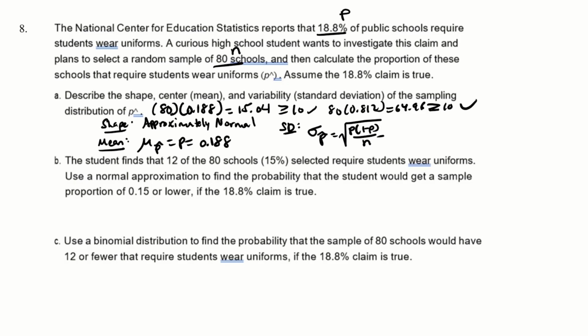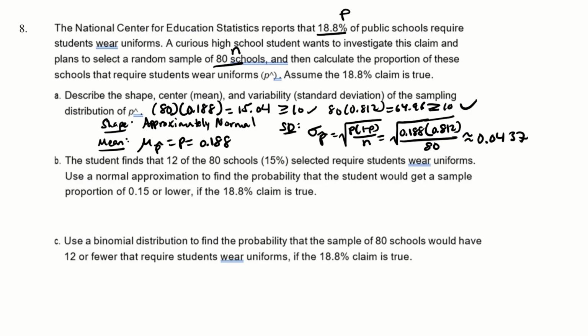So it's going to be 0.188 times 1 minus that, 0.812, over 80. Upon calculating that, you should get 0.0437. Okay, there you go. Those are the three things.